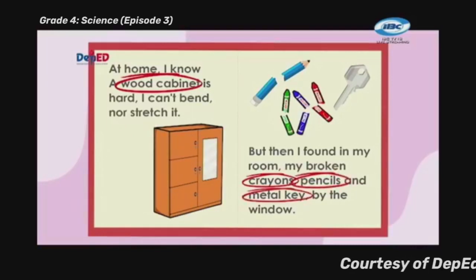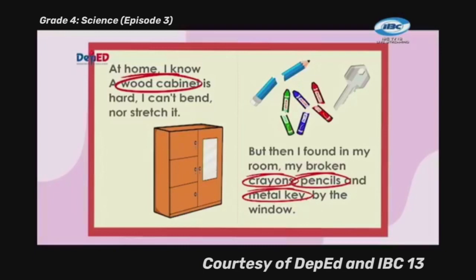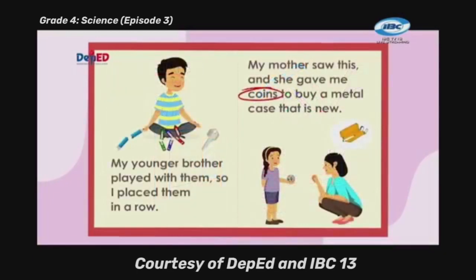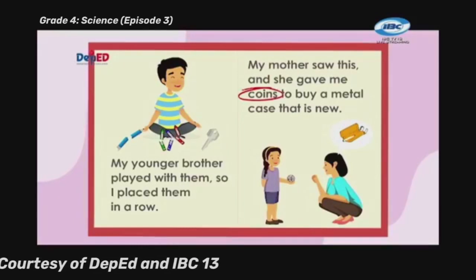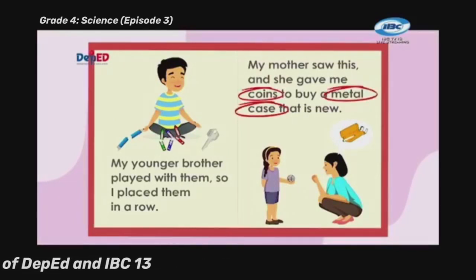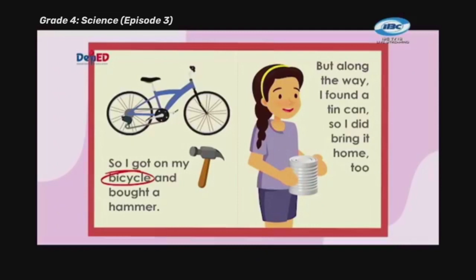Metal key. Coins. Metal case. Bicycle. Tin can.